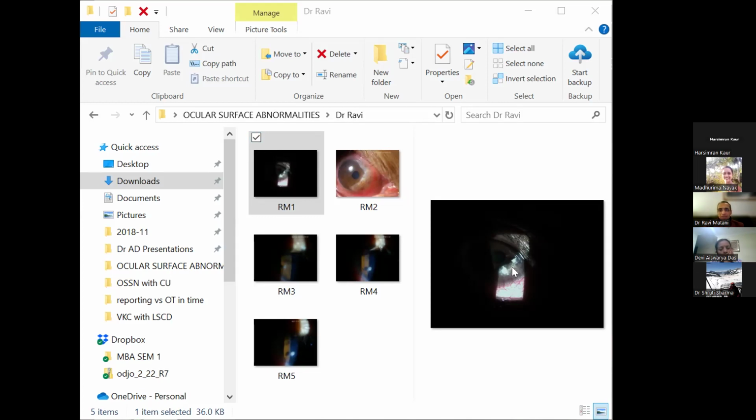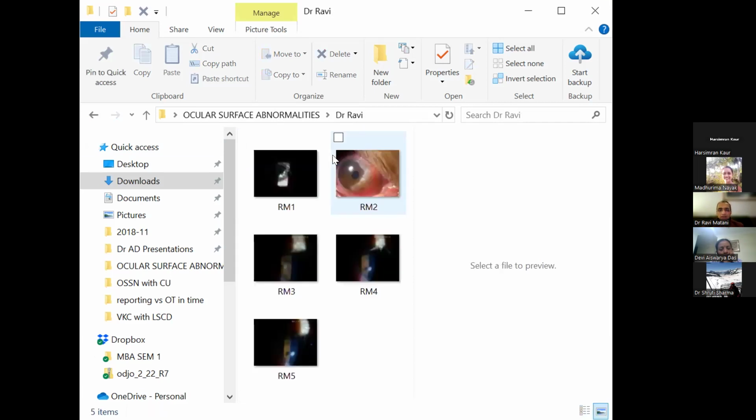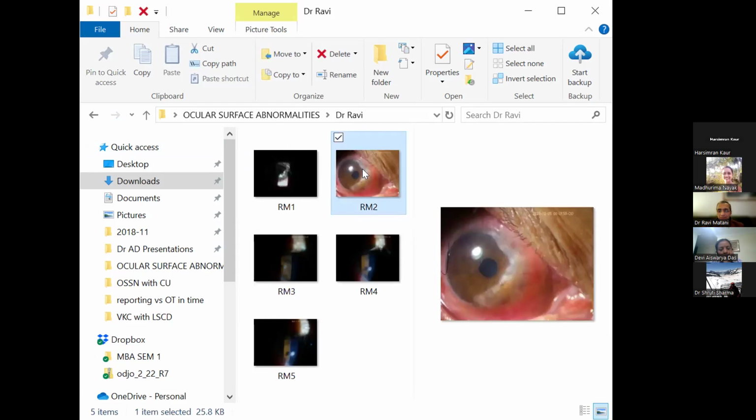So then, ma'am, the second picture is when she came back to me, about 3 weeks back. So this was when I thought that this could be an OSSN.